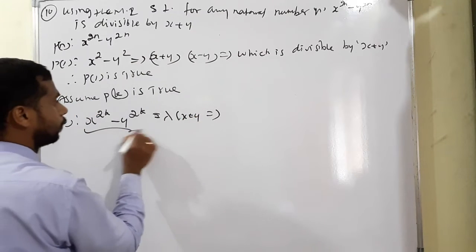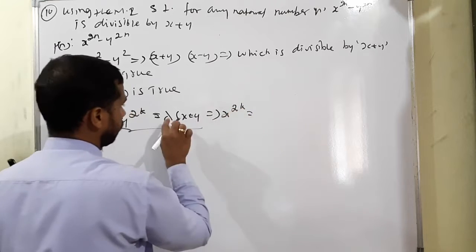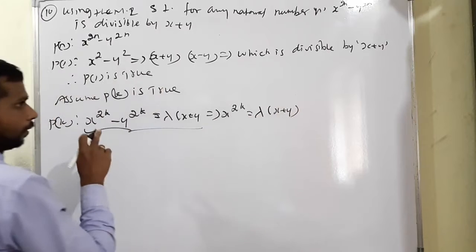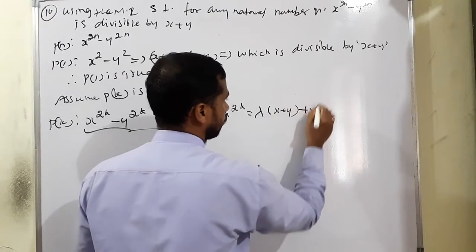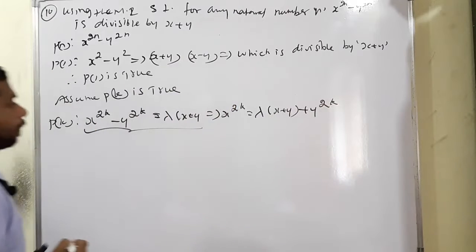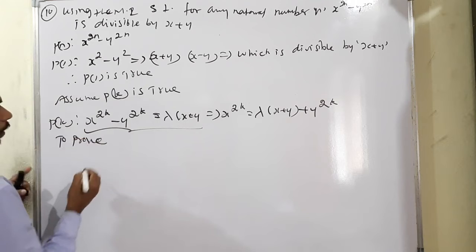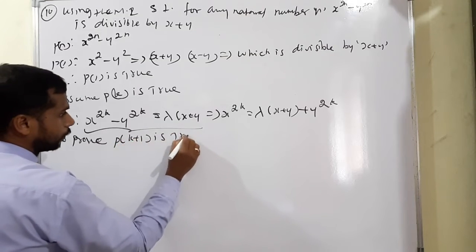So from this whole term, what is the meaning of x to the power 2k? Right hand side lambda into (x + y), then minus y value brought to the opposite side means positive y to the power 2k. Then to prove P of k + 1 is true.